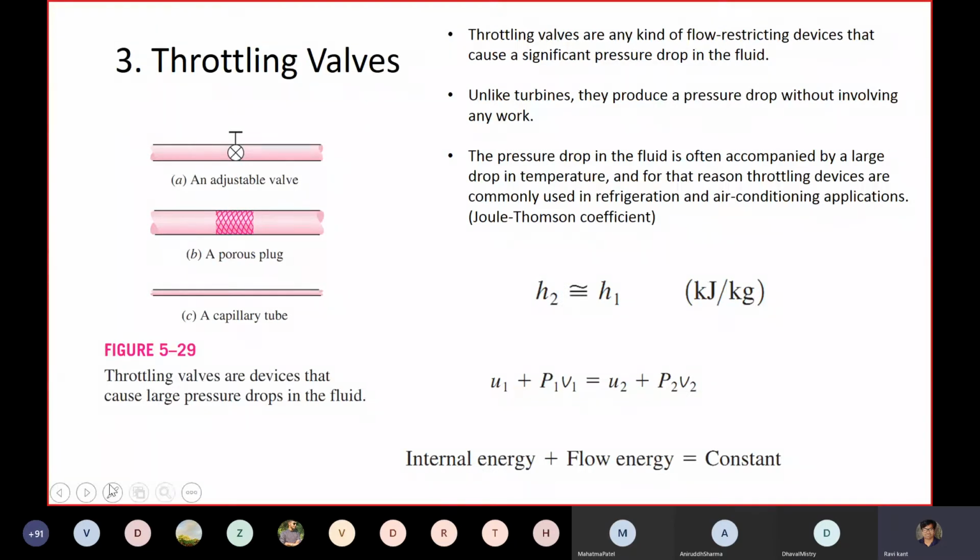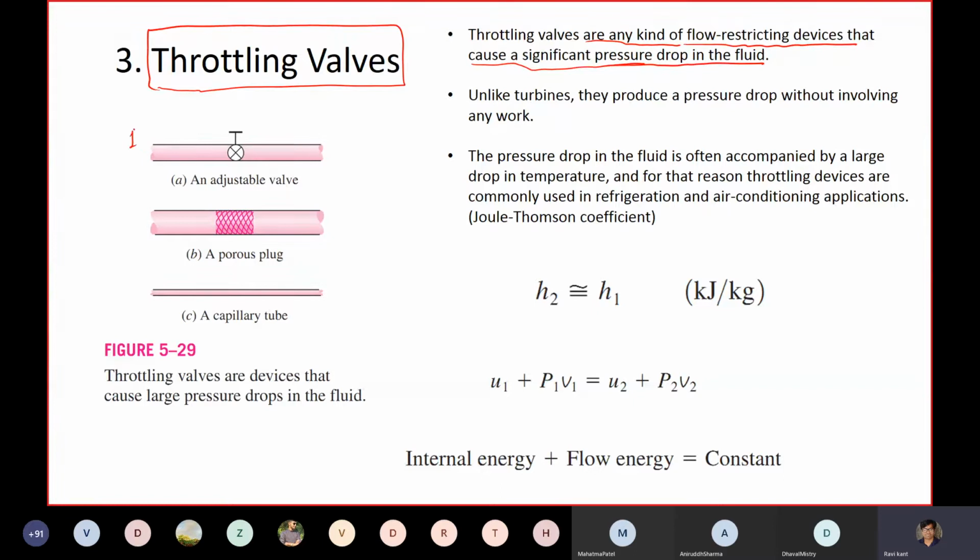So the next device that we often see in widely used engineering devices are throttling valves. These throttling valves are any kind of flow restricting devices that cause significant pressure drop in the fluid.